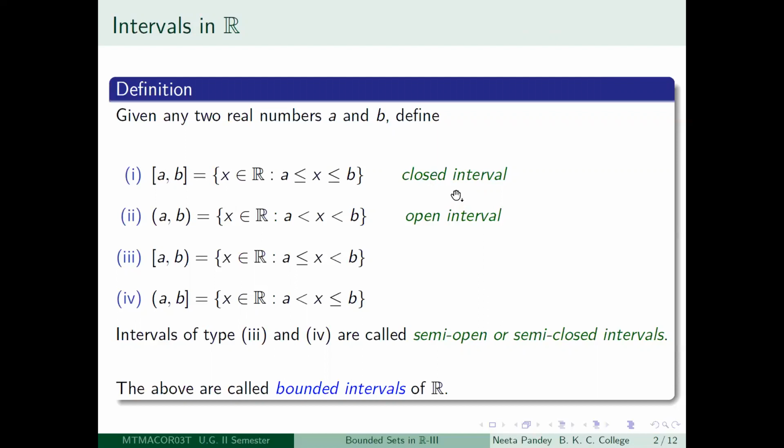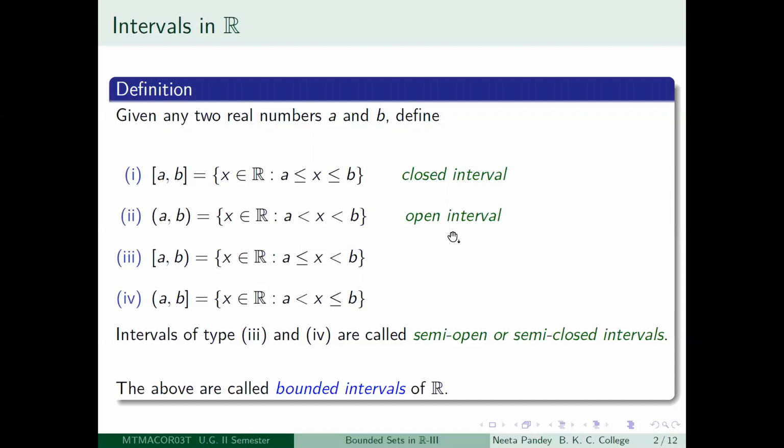Why this terminology? If instead of the third bracket, we take the notation first bracket a comma b first bracket closure, then this would mean that it consists of all real numbers which are strictly greater than a and strictly less than b. So again, this is an infinite set.